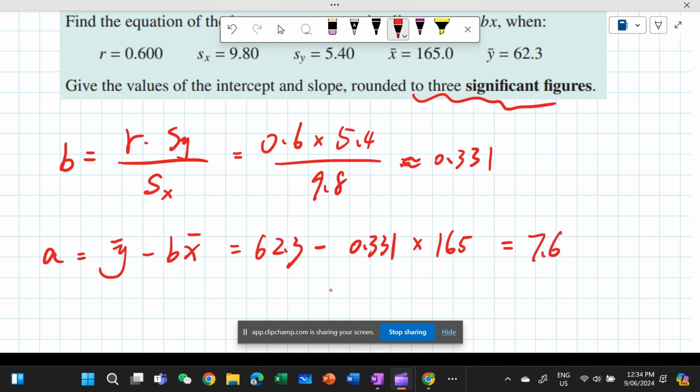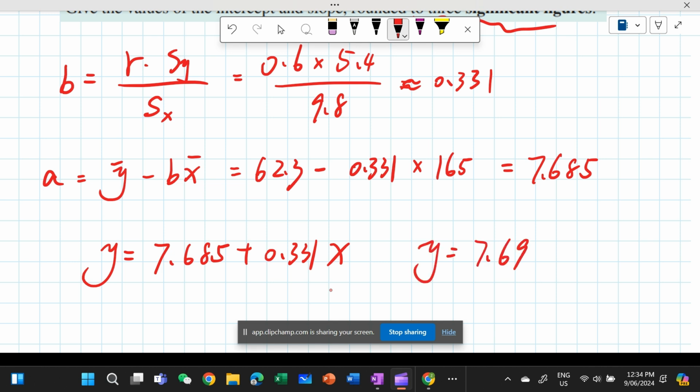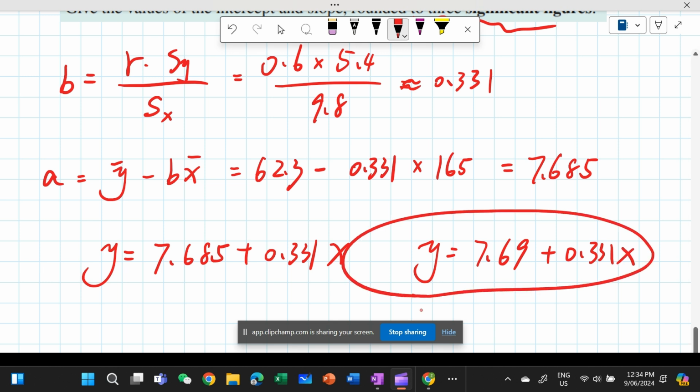So y equals 7.685 plus 0.331x, or y equals 7.69 plus 0.331x. There you go.